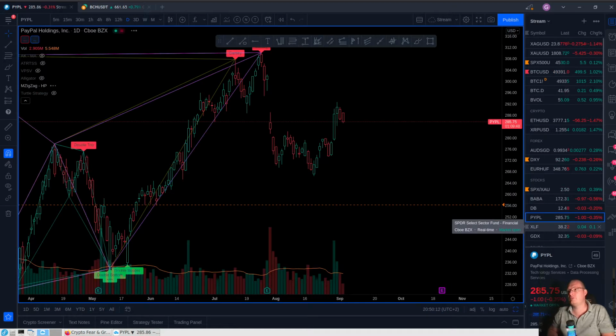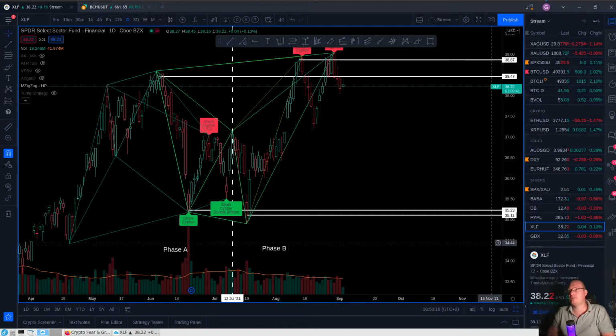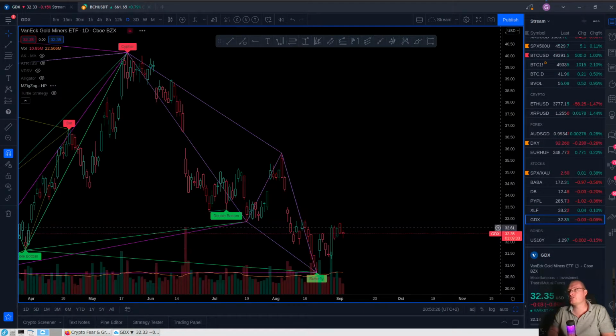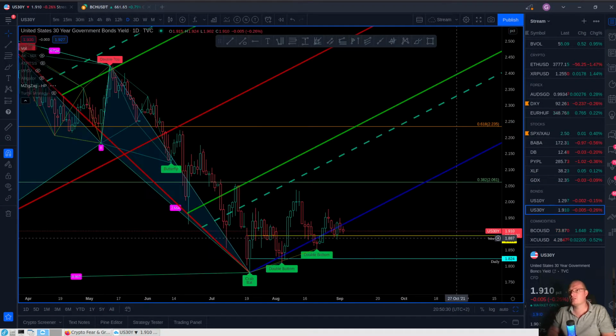PayPal minus 0.35%. XLF went up a little bit, retest of the resistance here. GDX, the gold miners, neutral. Bond market, looks like we're going to retest this weekly support.